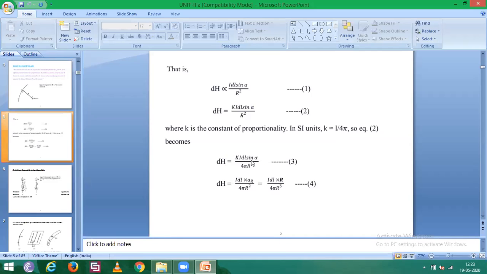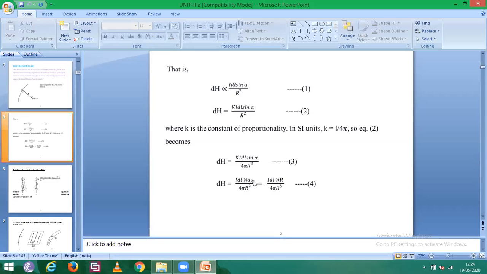Now the same thing can be written in terms of a cross product, because we know that for two vectors A and B, A cross B is equal to A multiplied by B into sine of the angle between A and B. If I take a unit vector aR defined along the direction of the distance r, the line joining the current element and the distant point P, then the cross product gives the magnitude of current element IDL and the magnitude of aR, which is 1, and the sine of the angle between these two, which is sine alpha.